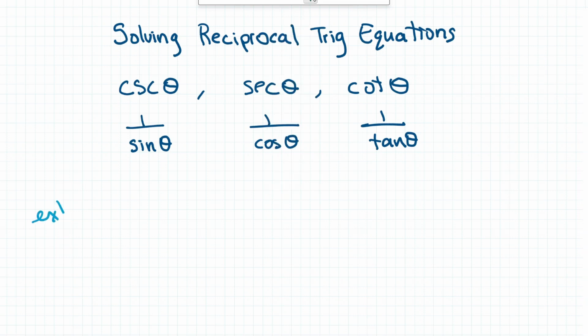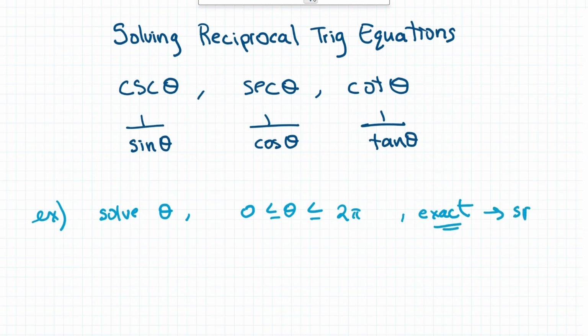So the example we're going to look at today is we want to solve for theta, where theta is between 0 and 2 pi. So we have our domain set and we want to solve for theta. And we want to give an exact solution where possible. So whenever you see exact, you should already be thinking, is there a special triangle that I can use?